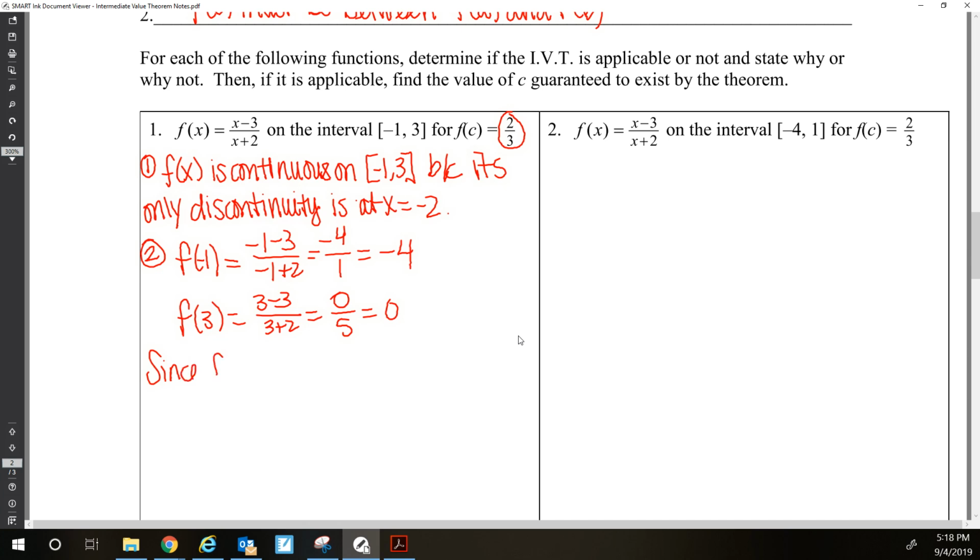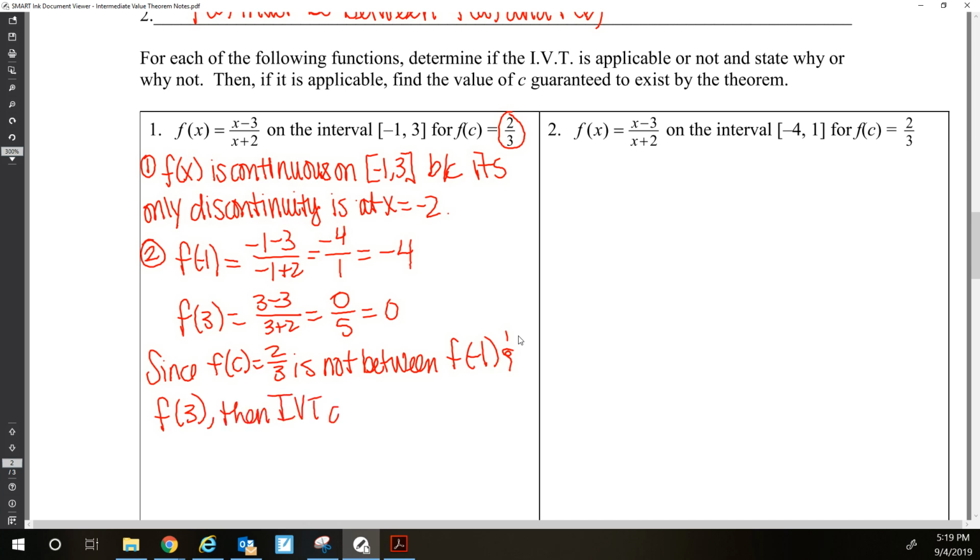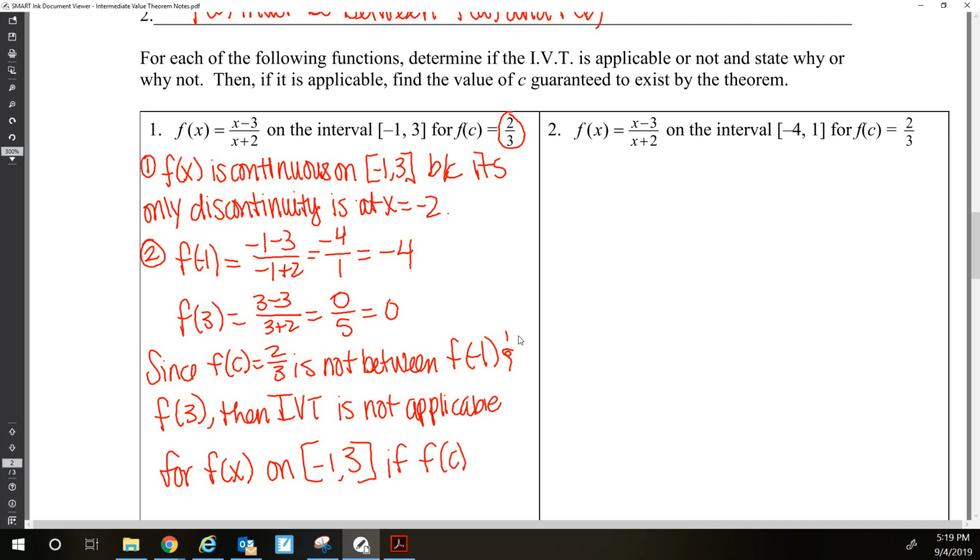Since f of c equals 2/3 is not between f of -1 and f of 3, then IVT does not hold, or is not applicable, for f of x on -1, 3 if f of c is equal to 2/3.